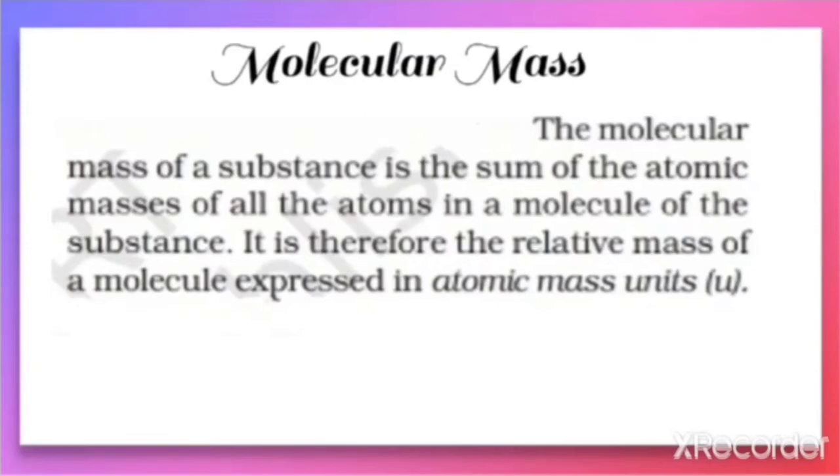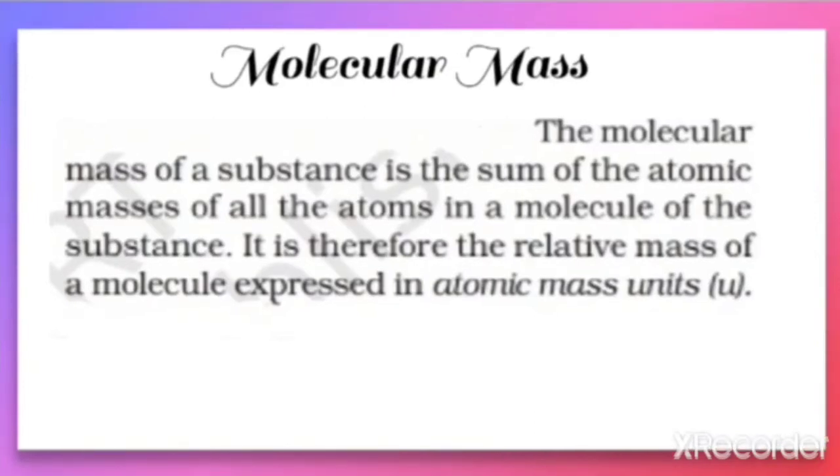As we have already discussed, the mass of the atom is taken as a relative mass, that is, in terms of atomic mass unit. So when we make the sum of the atomic masses of all the atoms present in a molecule, it gives rise to its molecular mass.